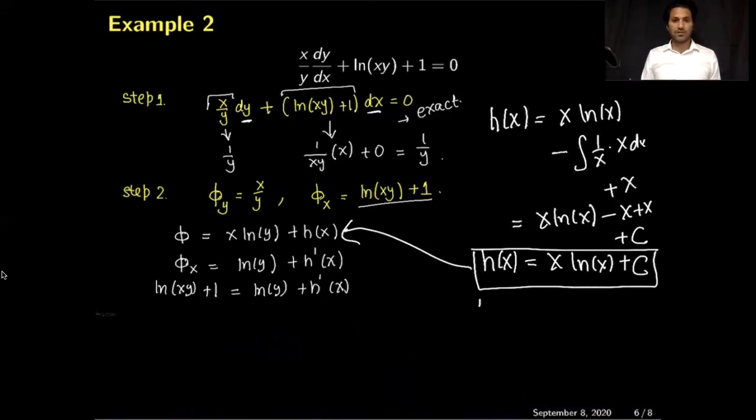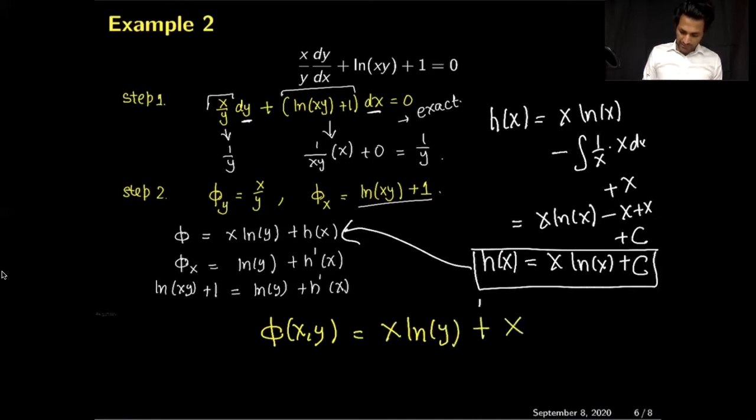So therefore, the solution of the differential equation will be this function phi of x comma y is equal to x natural log of y plus the function h of x, which is x natural log of x plus constant c, is equal to 0.